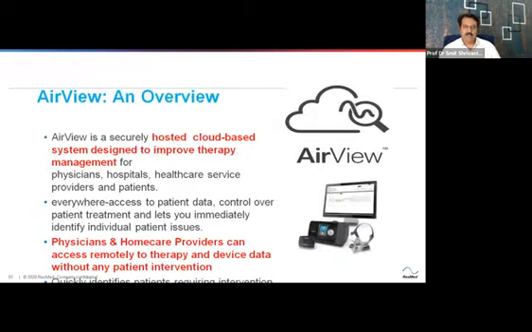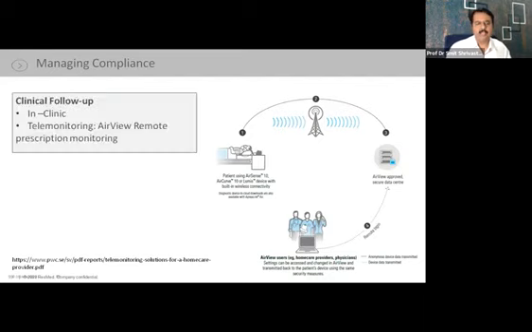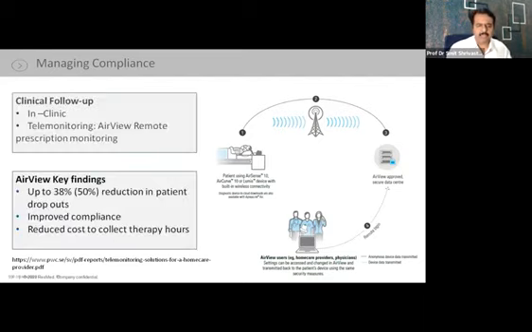So this is how I use it: I have this software installed. My patients can, with their consent, send the data to me through their mobile, and from time to time it is analyzed. When they come for their clinic visit, I analyze it there.